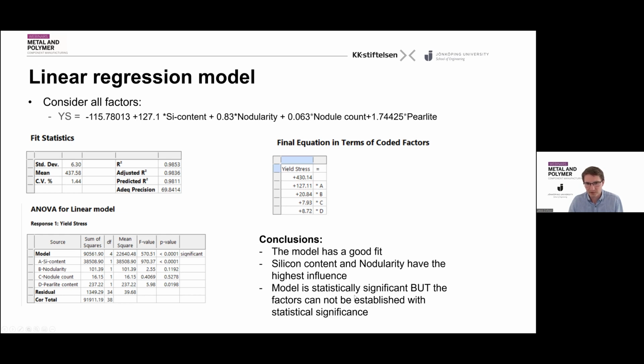And we can see that the model is statistically significant, but the factors are not established with statistical significance. So there is a small contribution from nodule count and perlite, but we cannot really establish them either.